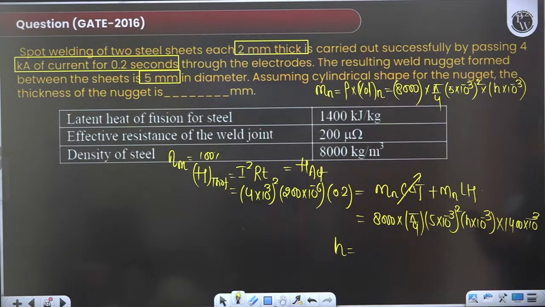Answer divided by 8000, multiplied by 4 divided by pi, divided by (5 × 10^-3)^2, divided by 1400, then divided by 10^-3.